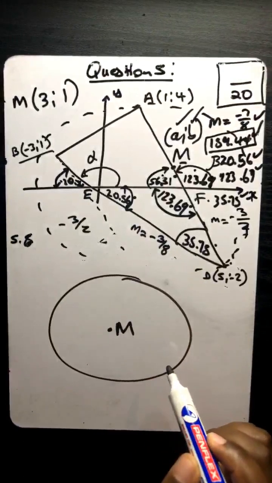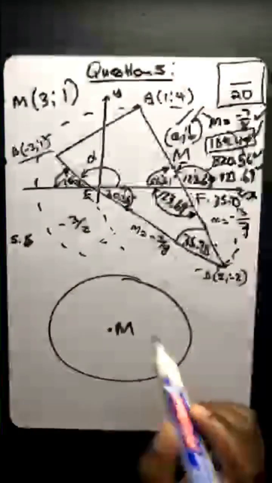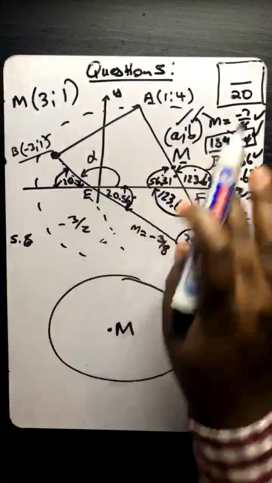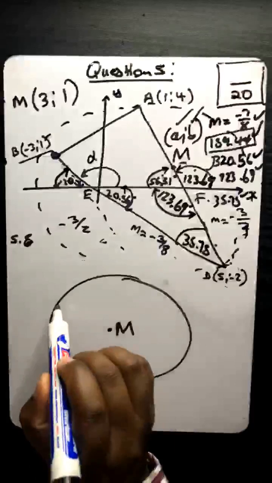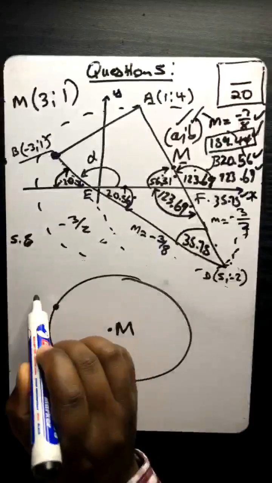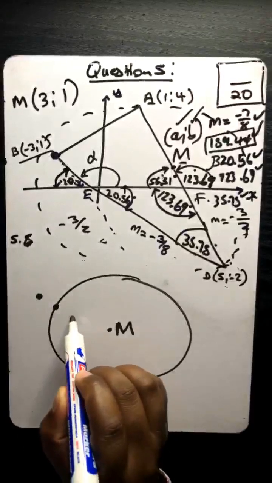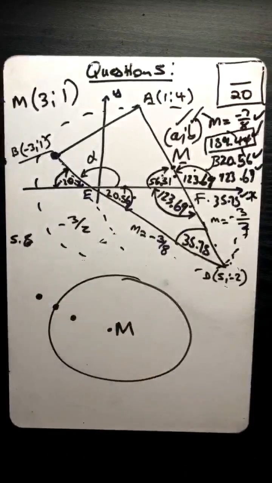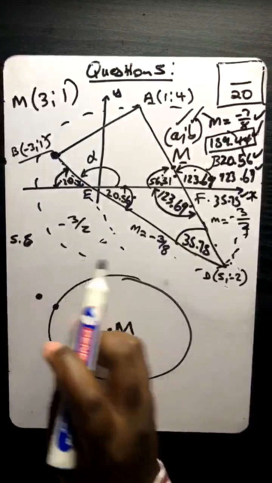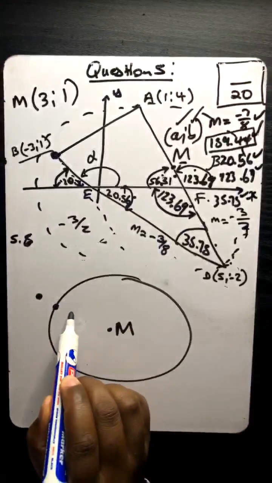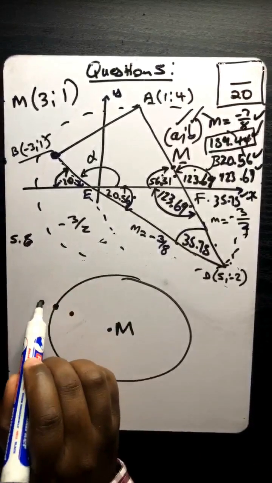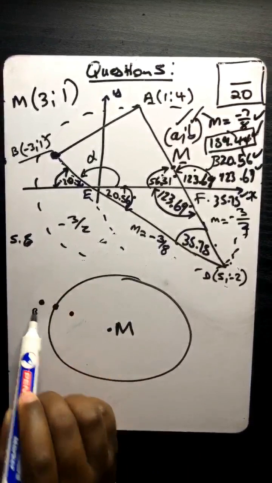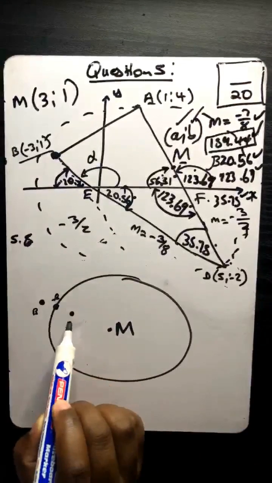Now they're asking, where is B? There is B. They're just asking if point B lies on the circle, outside the circle, or inside the circle. How are you going to show that, Bantu Bakiti? Would anyone like to suggest? Does B lie outside, on, or inside?